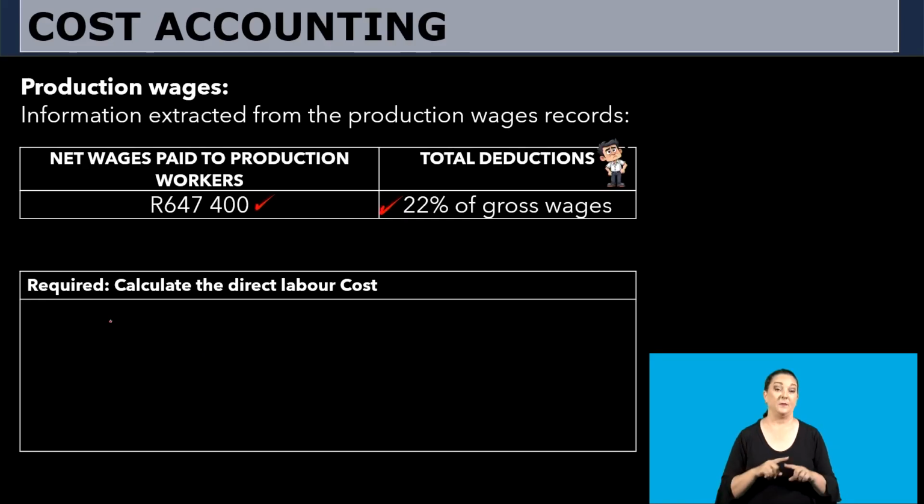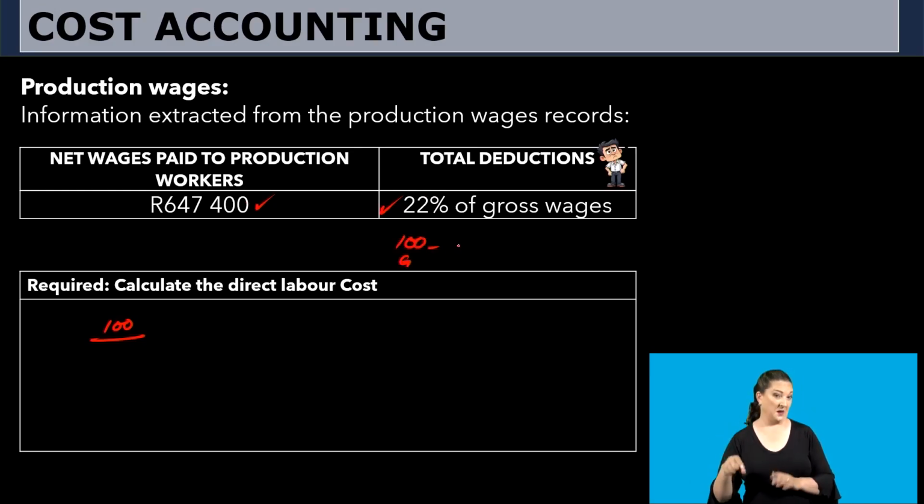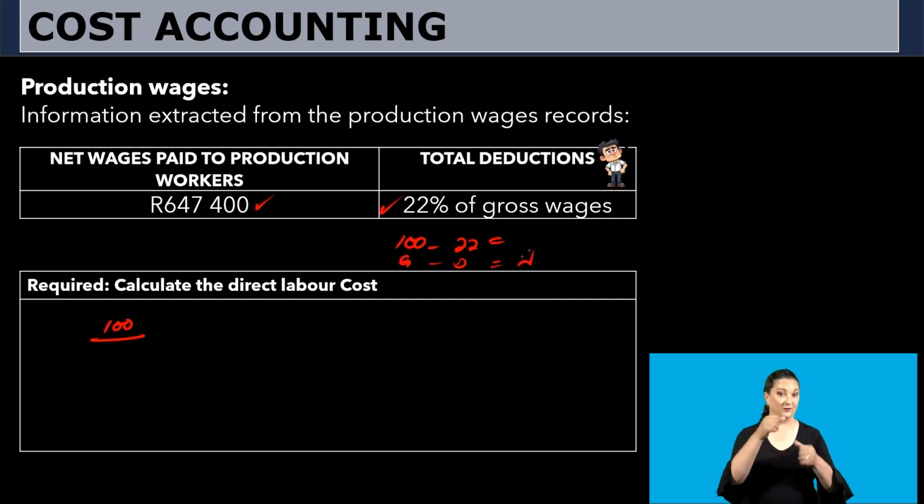So that gross, in order to get it, it is 100 over. We have been told that this is net wage. We know that the net is 100, which is your gross, minus deductions, which is 22. That means we now have the net, which is 78%.